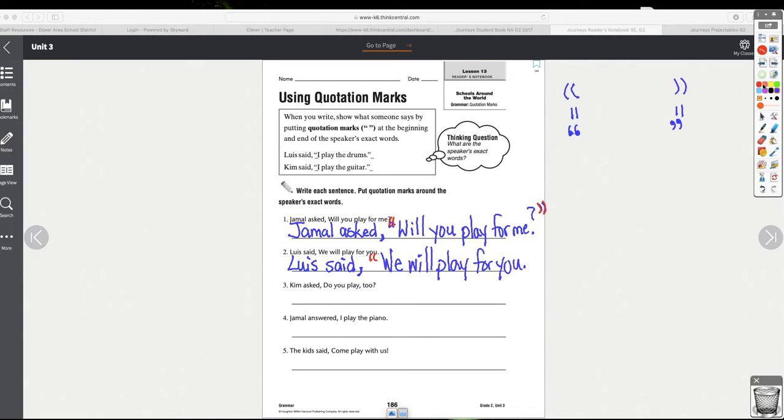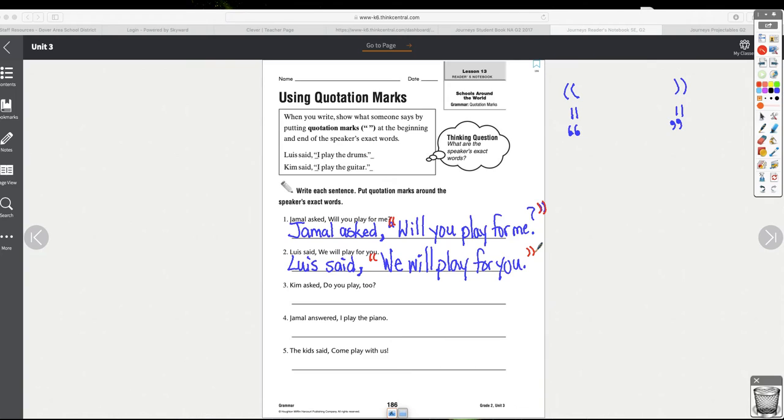And then you put the closing quotation mark after the period. Okay? Great, Rosemary. Thank you. Thank you, Kaden. There we go. Good job.